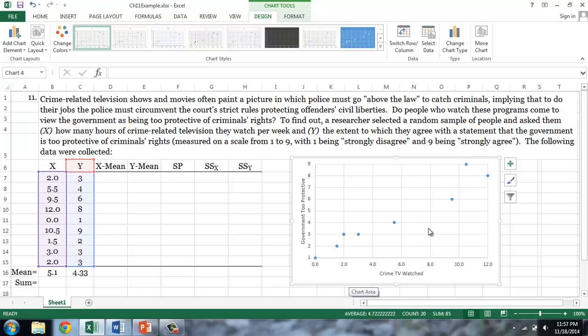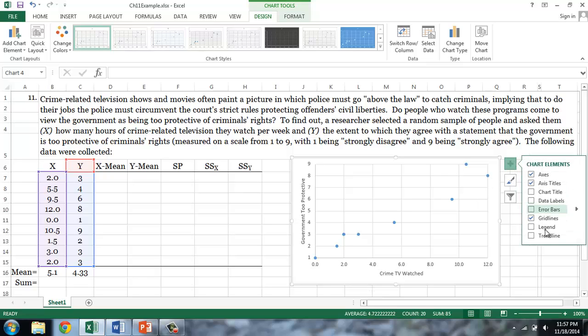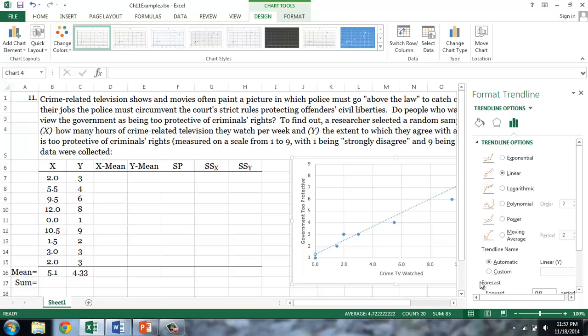The last thing I'll do is again select the plus sign and add a trend line. And I'll click on the arrow and select more options. Essentially, a trend line calculates a regression, and we can choose a number of different shapes for our line.